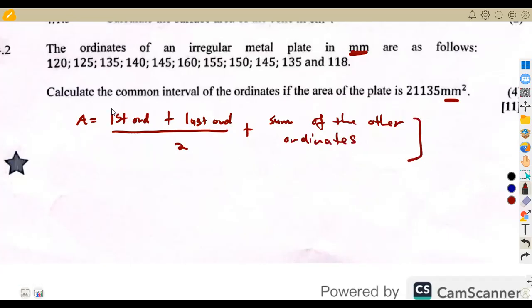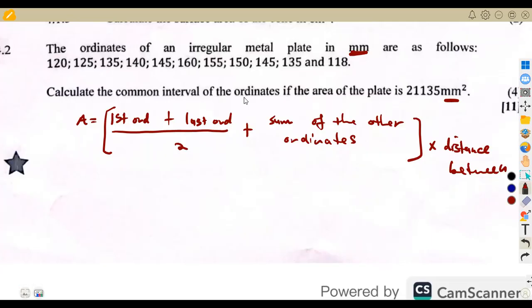Then we multiply by the distance between the ordinates. So this distance between the ordinates is the one that they want us to calculate, the common interval.